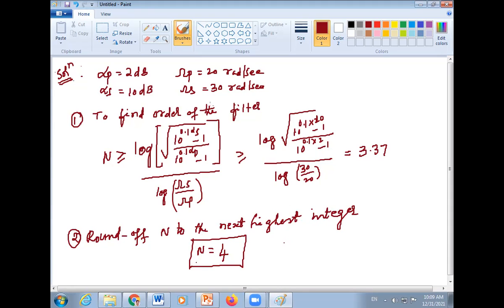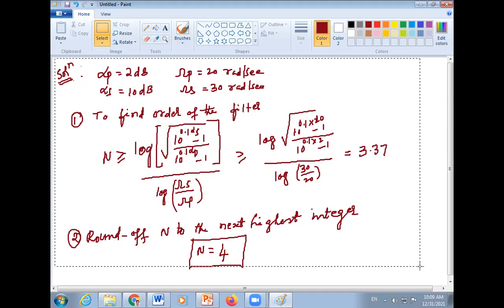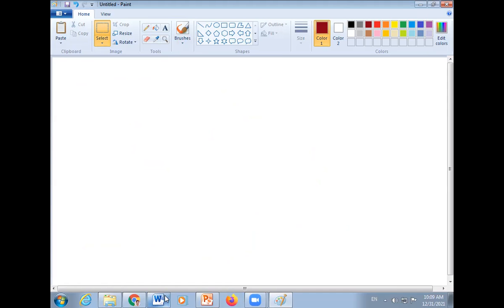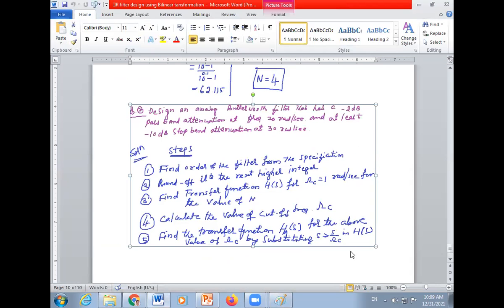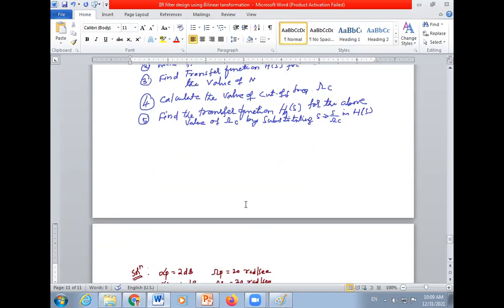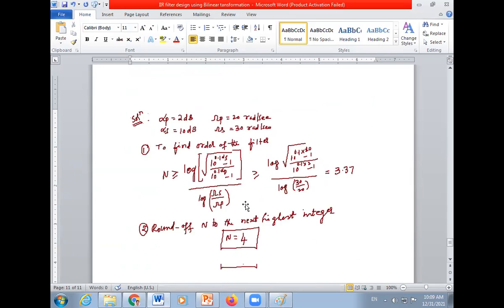Okay, so now let us move to the next part. Based on this order, now the next step we will follow.